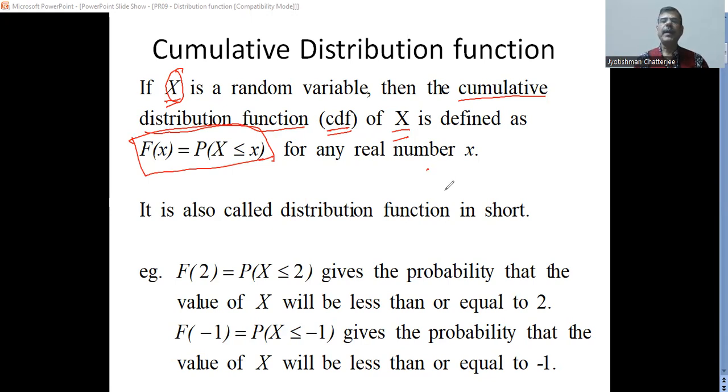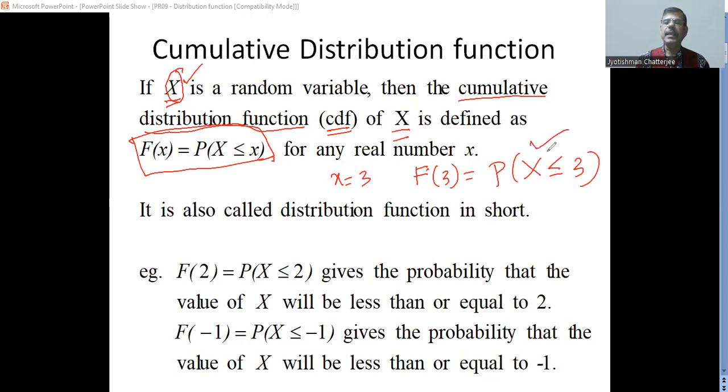In order to define a function, we must assign one value to each number x. That's what it is doing. For any number x, say for example, for x equal to 3, how is F(3) defined? That is defined as probability of capital X less than or equal to 3. We know that so far the random variable X is known.